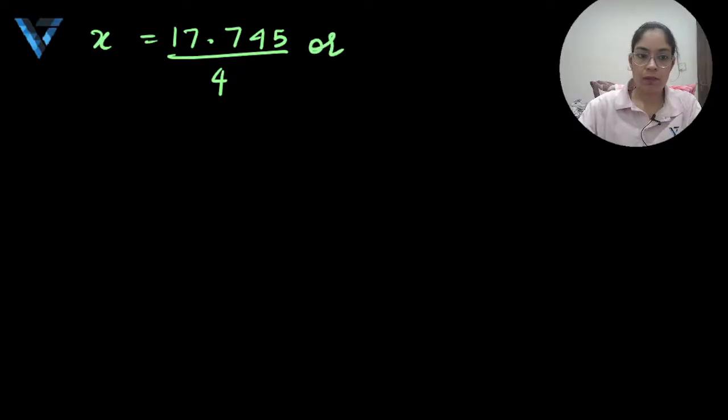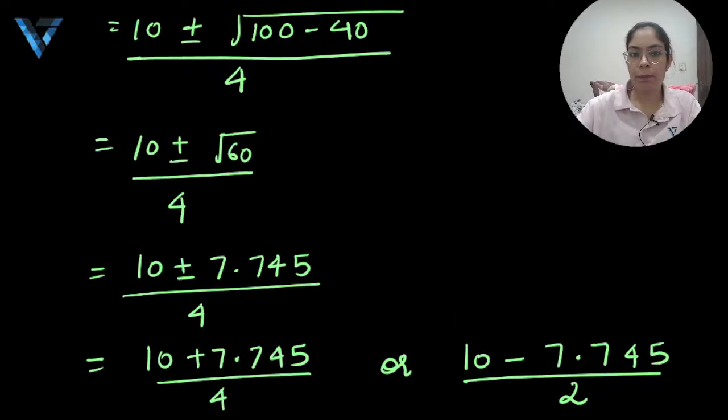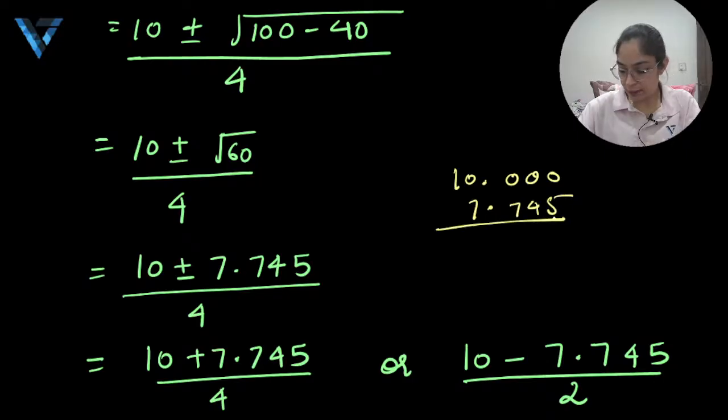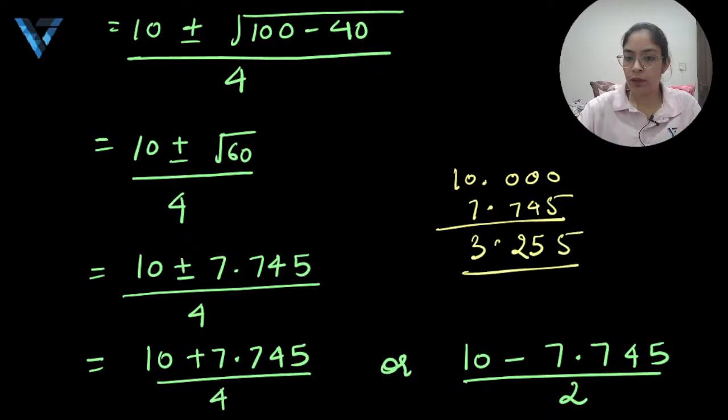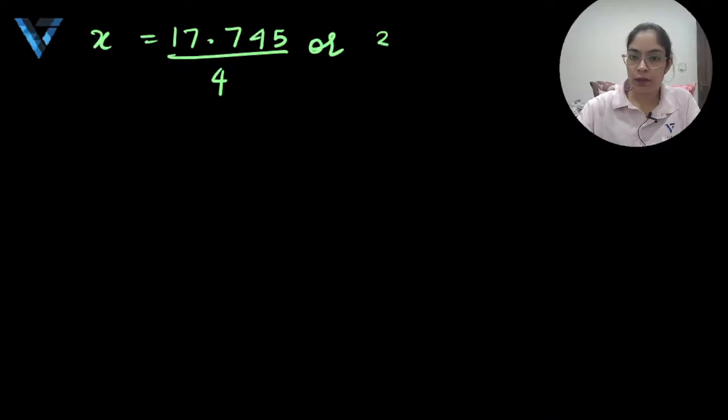or when you subtract, 10 minus, subtraction you have to do carefully because you have to carry also. So 10.000 you have to write, and you have to subtract from this one. So what will you get? 2.255.